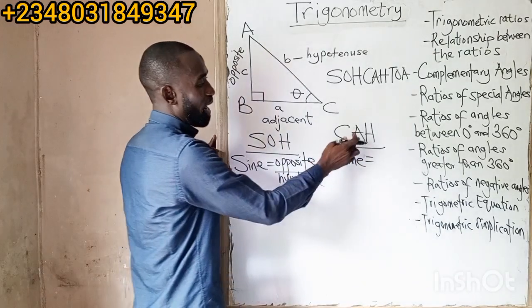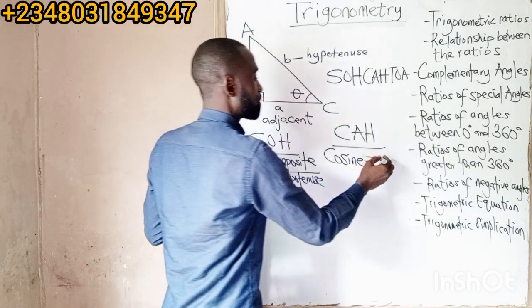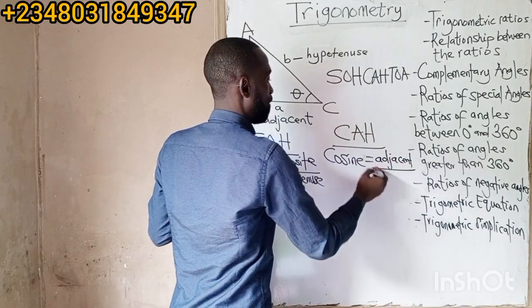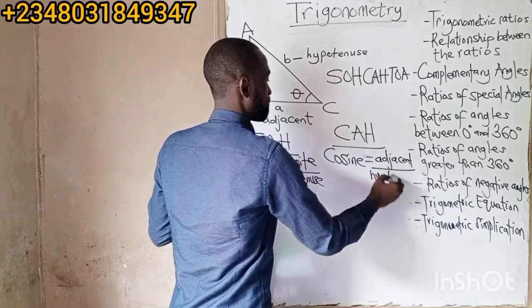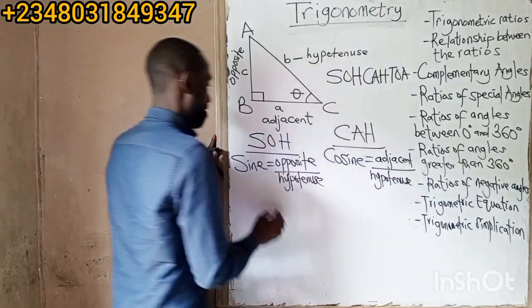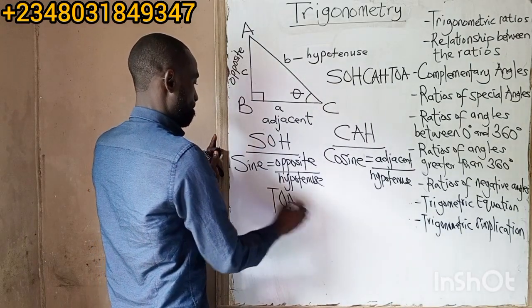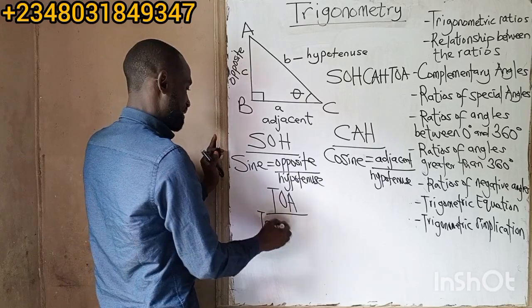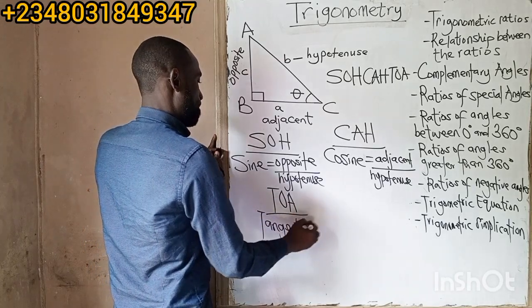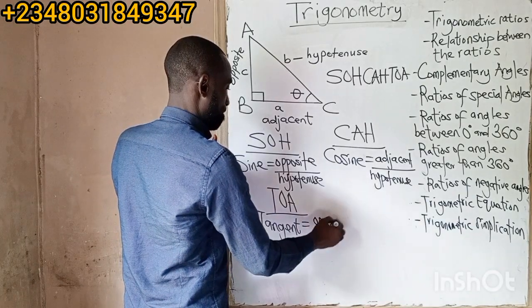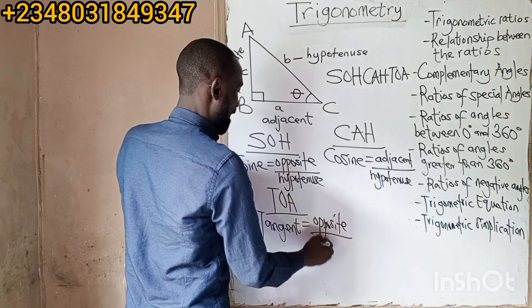And cosine is equal to adjacent all over hypotenuse. And the last one is what we call T. This T stands for tangent. And tangent is equal to opposite all over adjacent.